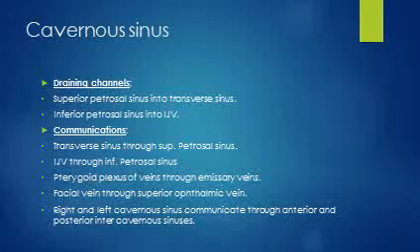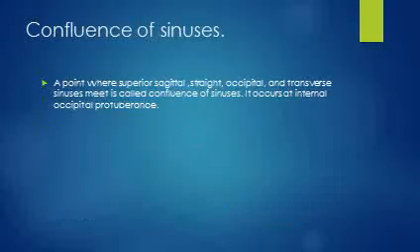Then the pterygoid plexus of veins, which is present in the infratemporal fossa, through emissary veins we have just discussed. The facial vein through the superior ophthalmic vein and deep facial vein. And then the right and left cavernous sinuses communicate through anterior and posterior intercavernous sinuses.